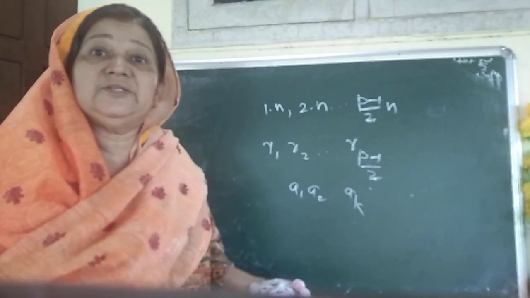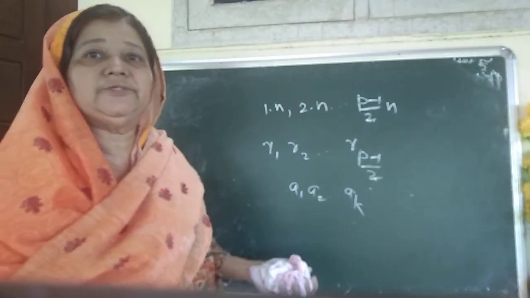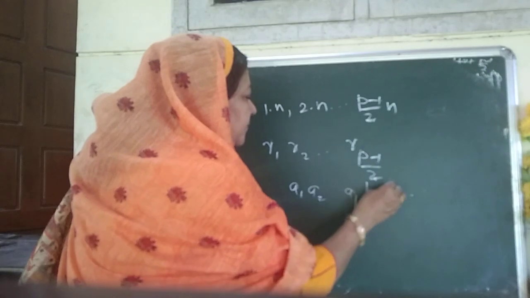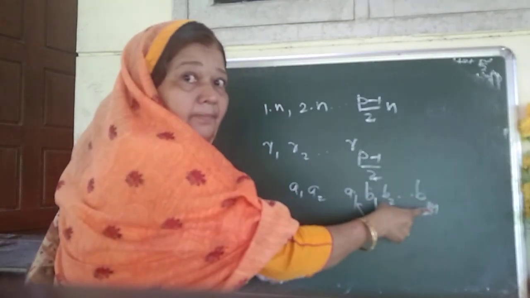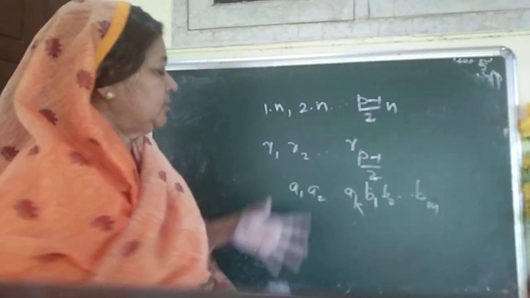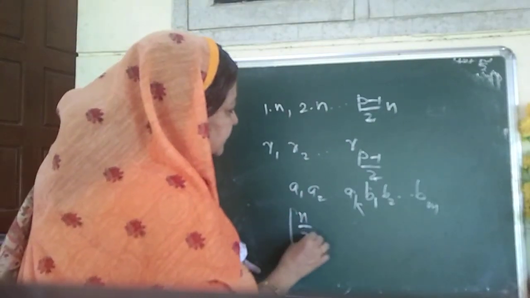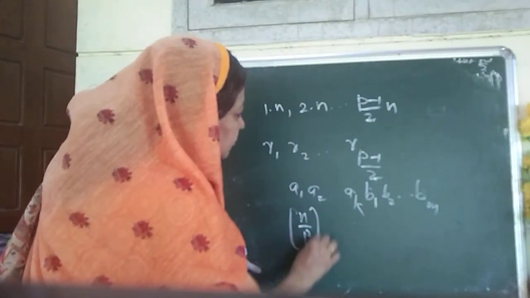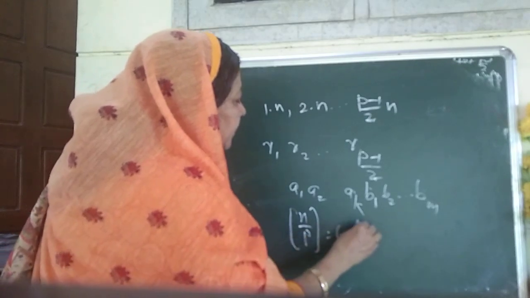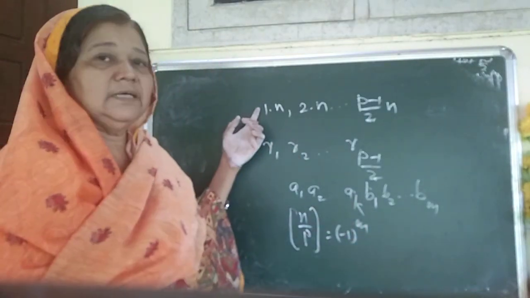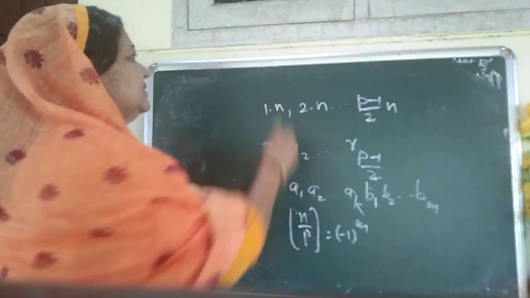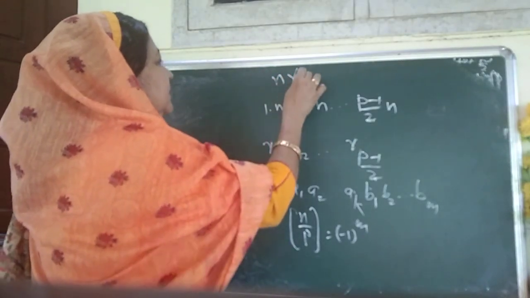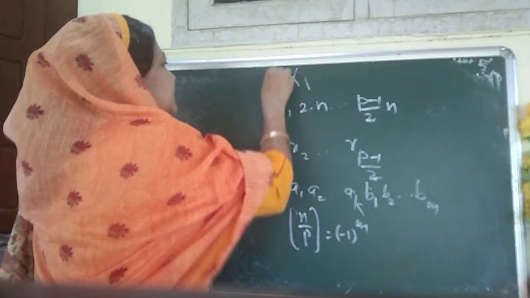And some of the residues are greater than p/2. Let them be b1, b2, etc., bm. Then the Gauss lemma states that (n/p) equals minus 1 raised to m.